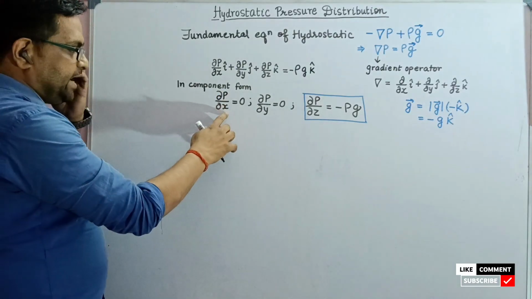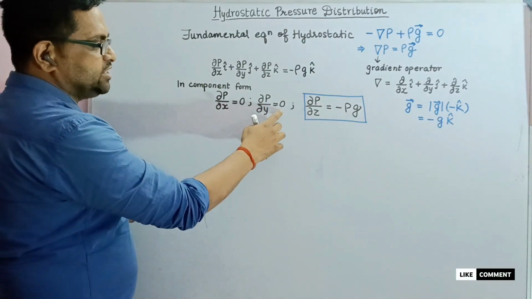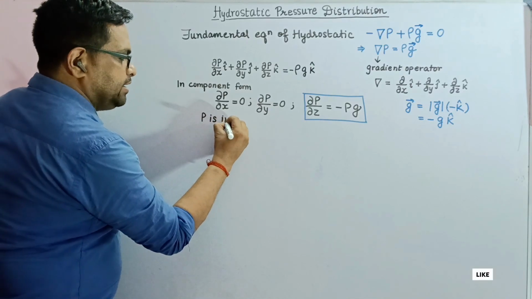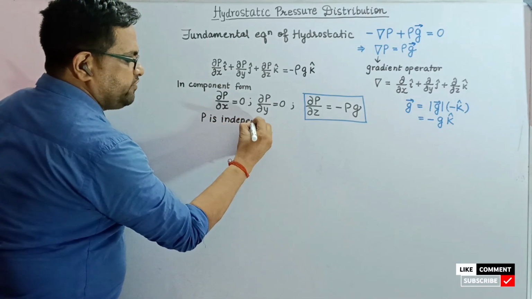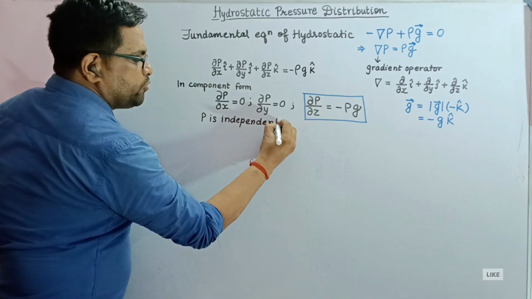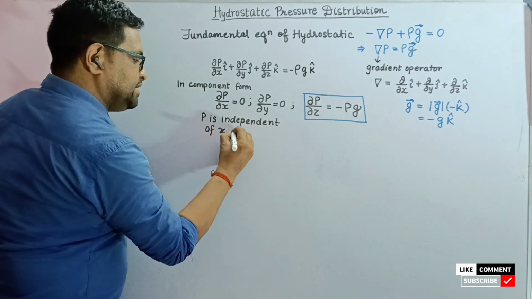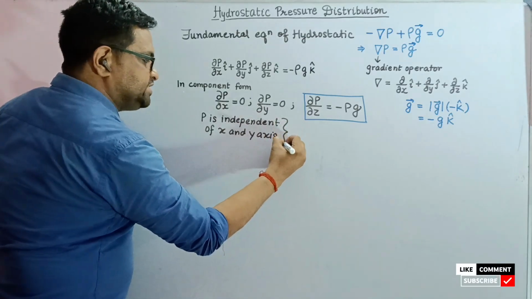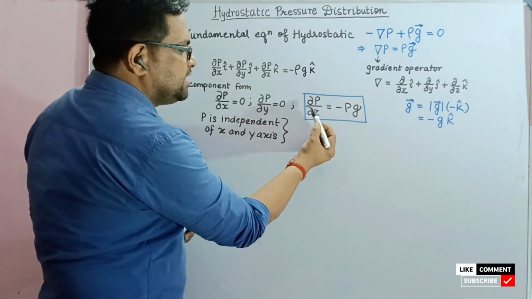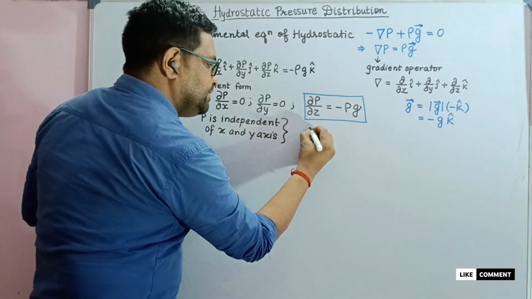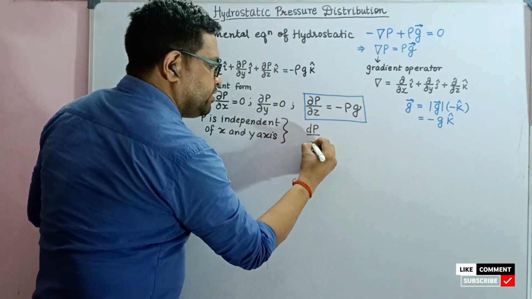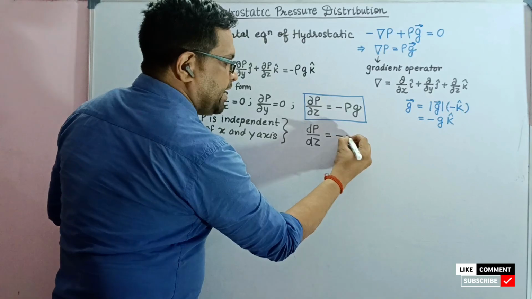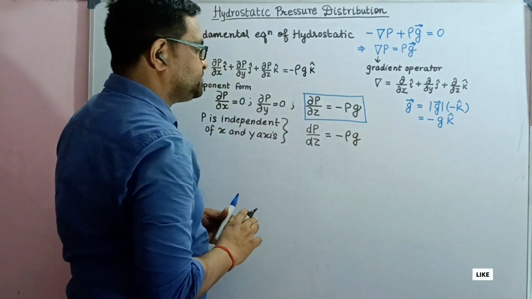Now, since del P upon del x is equal to 0 and del P upon del y is equal to 0, it means that P is independent of the x and y axis, in which case we can replace del P upon del z by simply dP upon dz, and this dP upon dz will be equal to minus rho g.